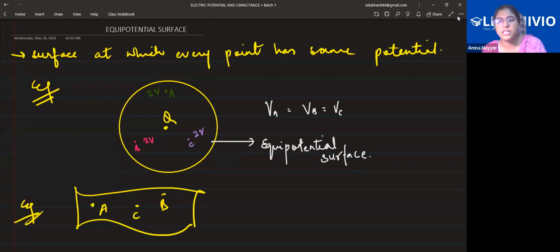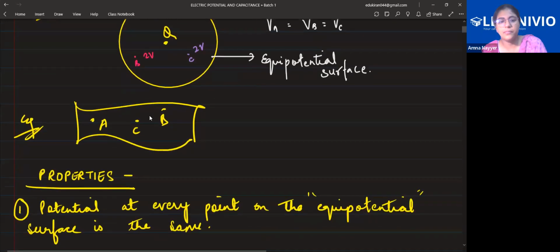Look at this example, these are three surfaces. It's not necessary that it has to be a perfect circle or a symmetrical figure in order to make the surface equipotential. If this is a random surface and still we are getting VA equal to VB equal to VC, we'll get the same potential.